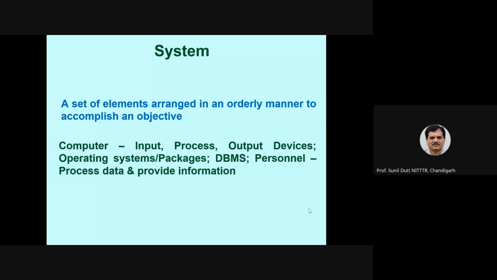For example, we have a computer system where we have input, process, output devices, operating systems, packages, DBMS, personnel. The purpose of the computer as a system is to process data and provide information.